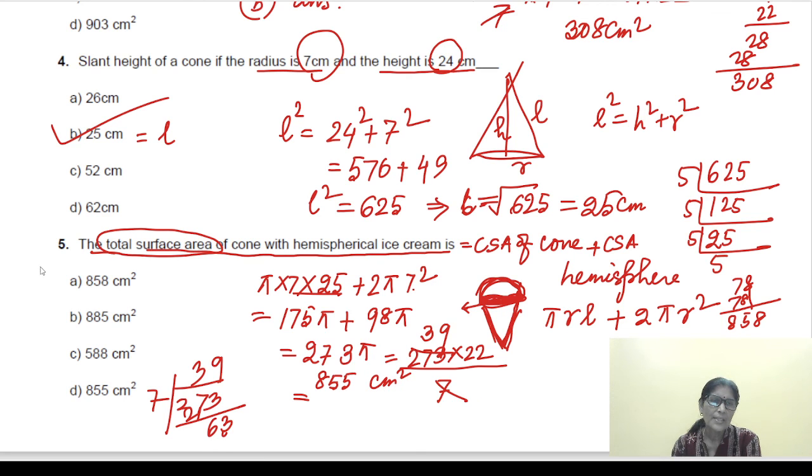So A is the answer here. Whenever you are writing in the copy, write both the things. Write A, write this exact answer also. Don't leave it at just A is the answer. Then you may not get the full marks.